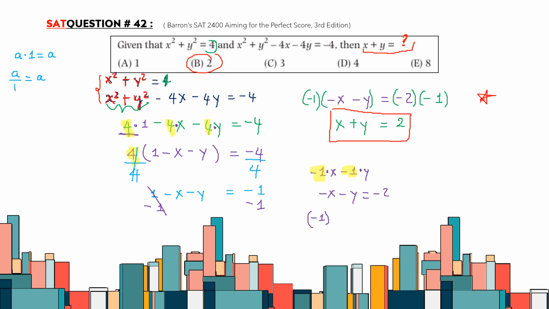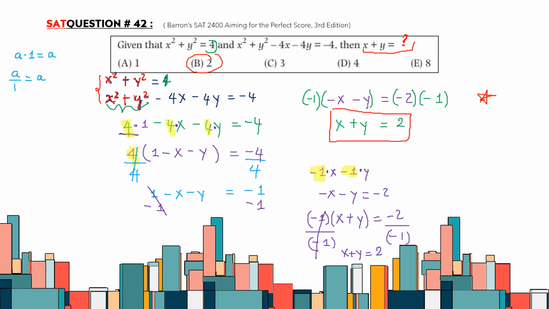So what is left inside the parenthesis will be x plus y equal negative 2. Then you can multiply both sides by negative 1, or divide both sides by negative 1. It will be the same, right? So this one is cancelled, and we are left with x plus y equal negative 2 divided by negative 1. Negative divided by negative is positive, 2 divided by 1 is 2. It's the same answer, okay?